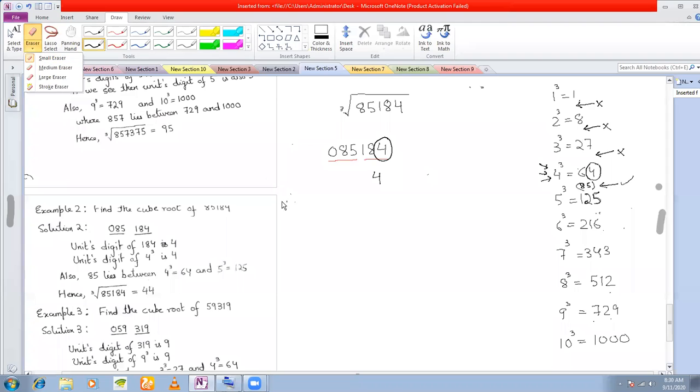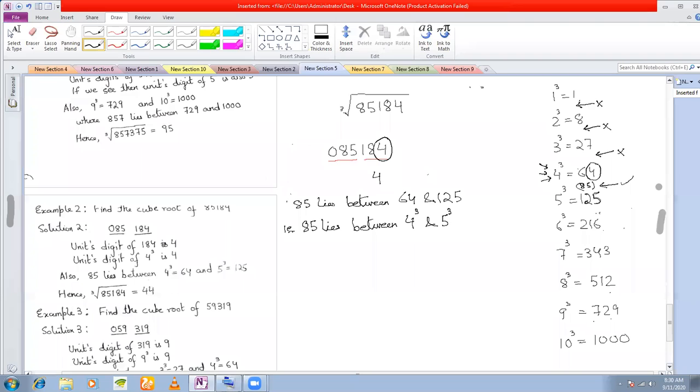So what can I say? I can say that 85 lies between 64 and 125. That is, 85 lies between 4 cube and 5 cube.